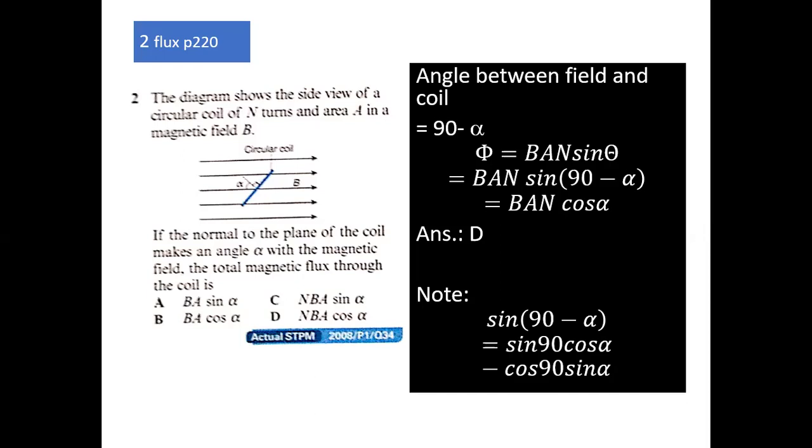So it becomes cos alpha. That's your maths there. You can go and try it out. This is 1. This is 0. So you get cos alpha. Oh, so yeah, okay, makes sense.